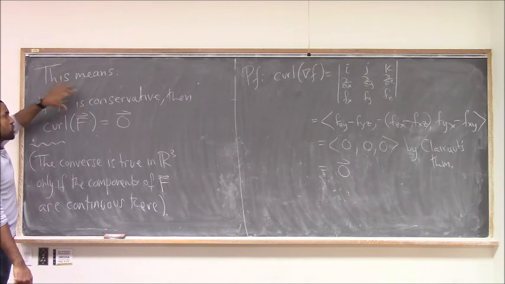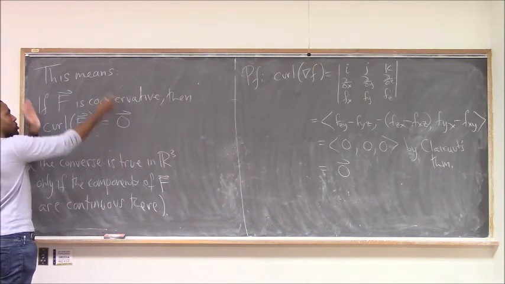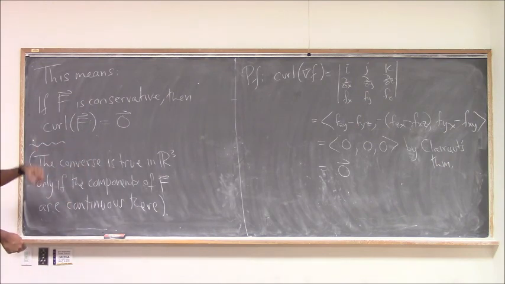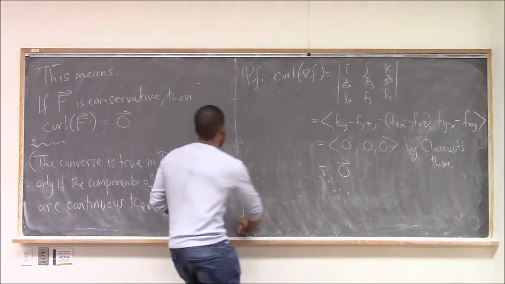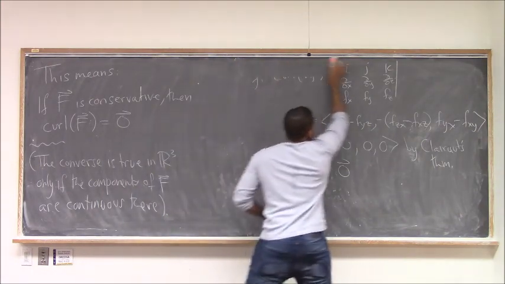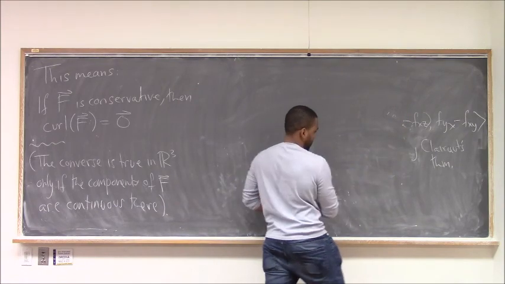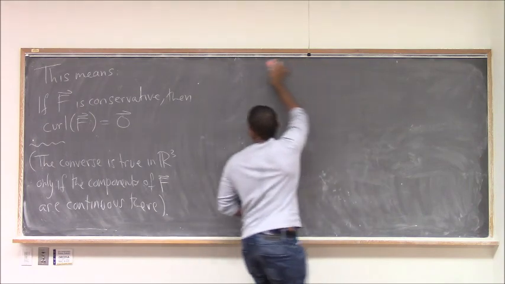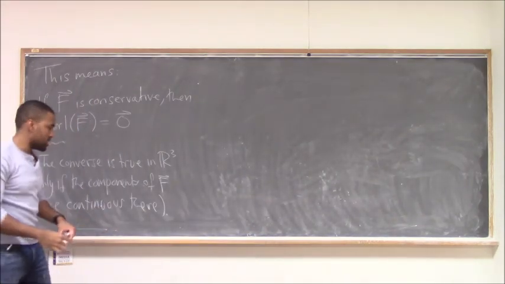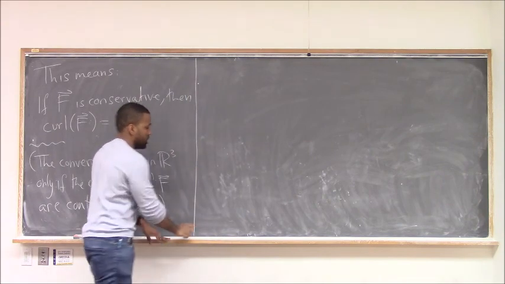It says if this is true, then that is true. The converse is just the reverse statement, saying that if that is true, then this is true. And you can only go in the other direction if you know that these guys are continuous. It won't really come up, but I should mention it. We're usually going to be dealing with very nice functions here that are continuous everywhere. We never have to worry about that.